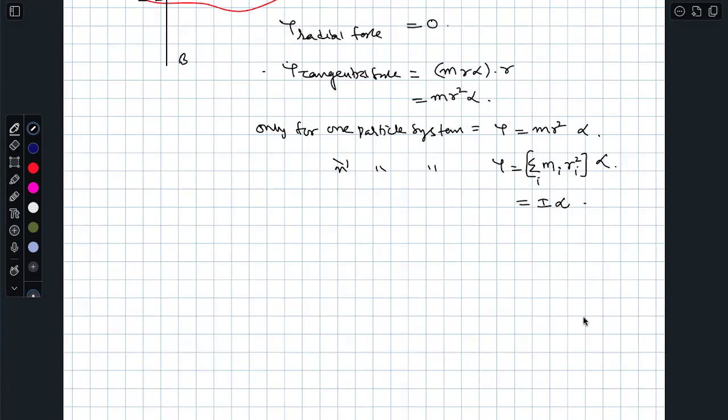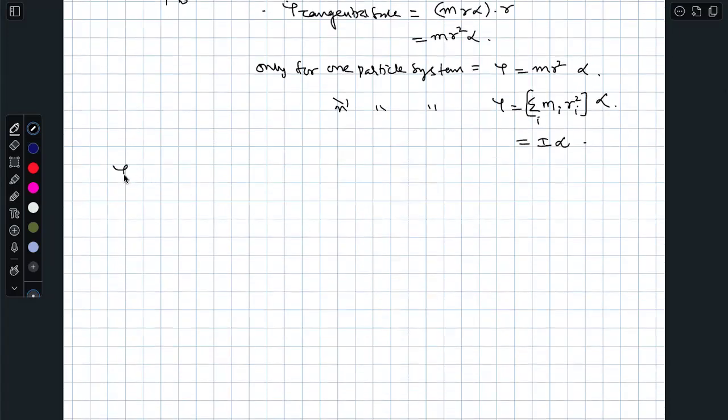Now, also you can write another way. Net torque is sigma r_i bar cross F_i bar. Here, when I am writing F_i bar for a system, it is the resultant force.